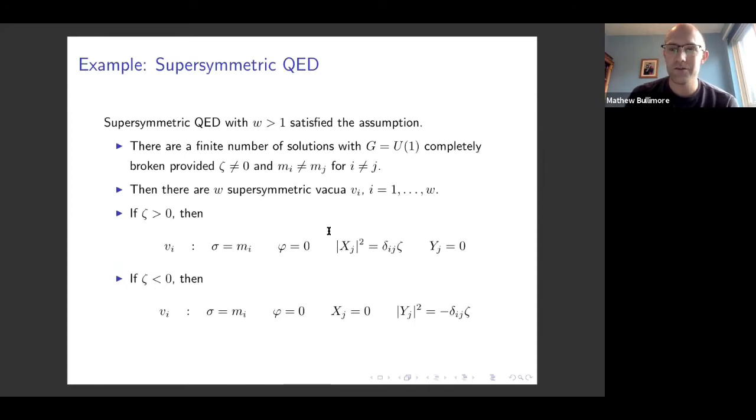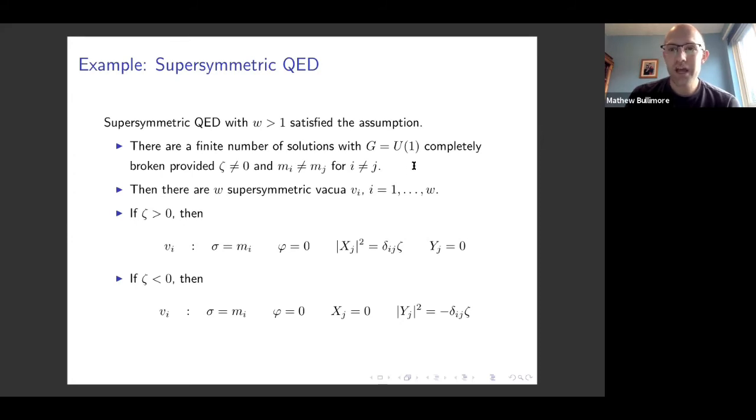Let's just check. So here's supersymmetric QED. This satisfies these assumptions when W is greater than 1. And for generic values of the masses and Fi's, it has a finite number of isolated discrete vacua. There are W of them, where W is the number of hypermultiplets.